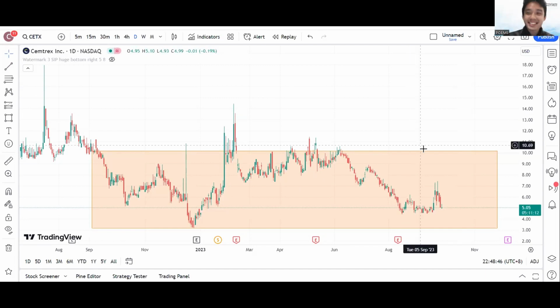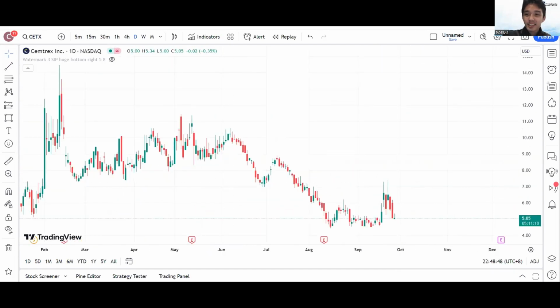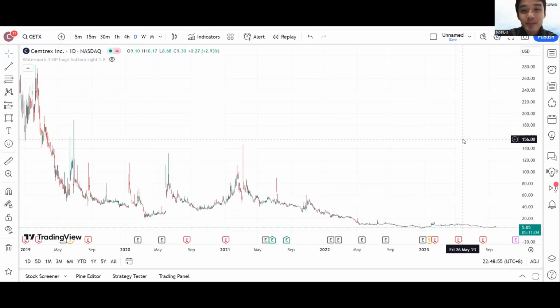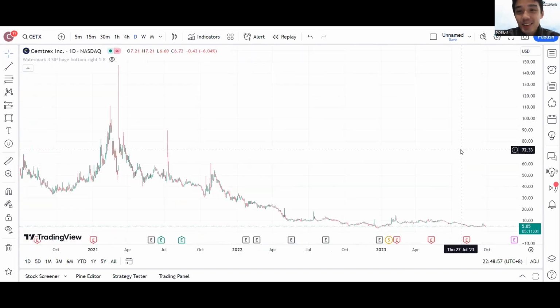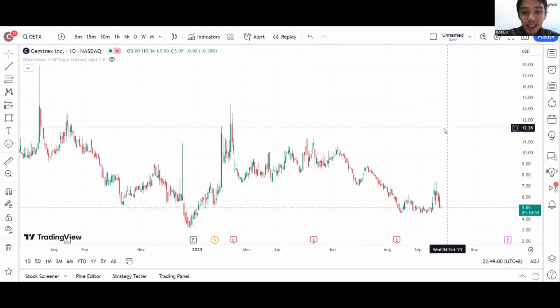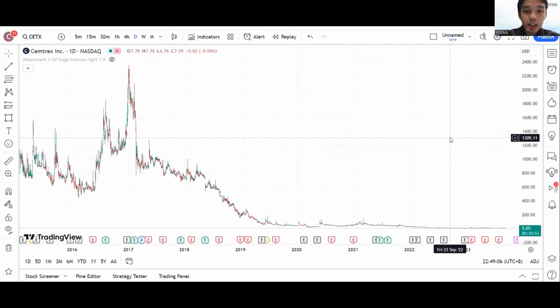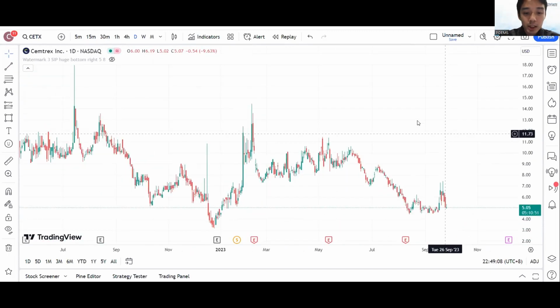Yeah, thanks. So looking at this chart, CETX, wow, beautiful. We're looking at 2,000 plus, but basically a lot of reverse stock splits, I believe. They keep consolidating the shares, so you see the price shoot up so much.